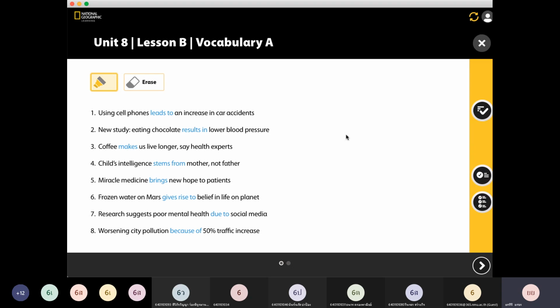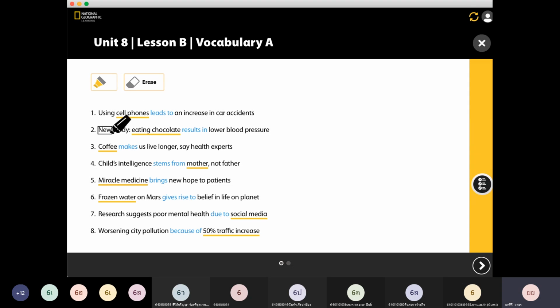Okay, so can you find all the causes? If you can find all the causes here, I'll give you some answers.